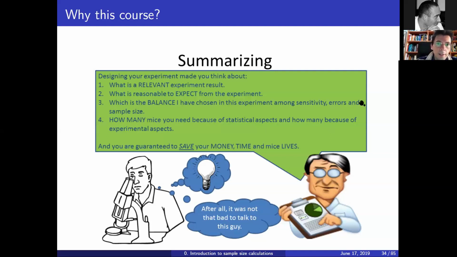And then by adjusting all these variables, you can calculate your sample size. In this way, you're guaranteed in the long term to save money from the grants, to save your time doing the experiment, and most importantly, to save mice lives. All these things are really, really bad for the animals.